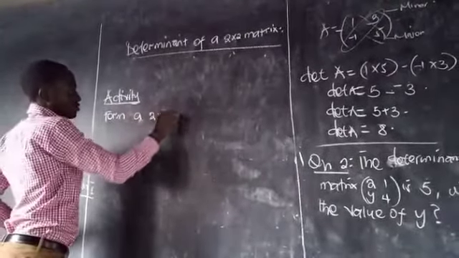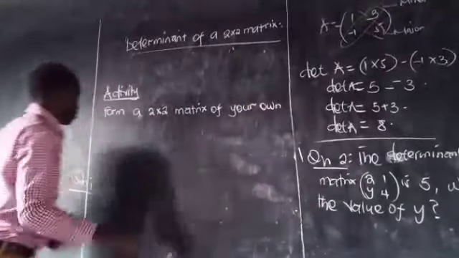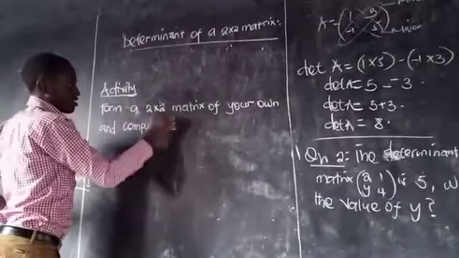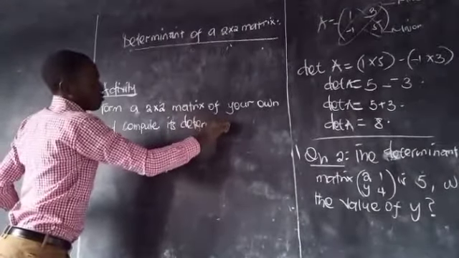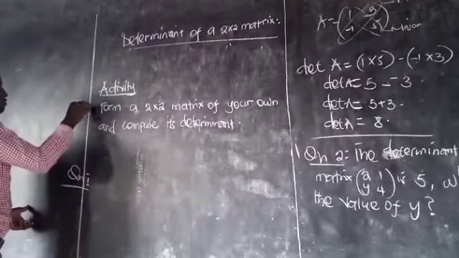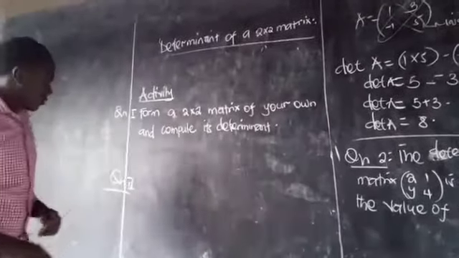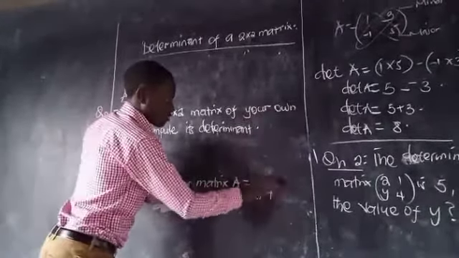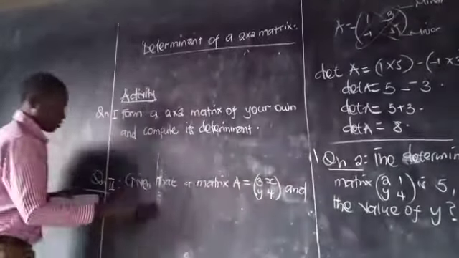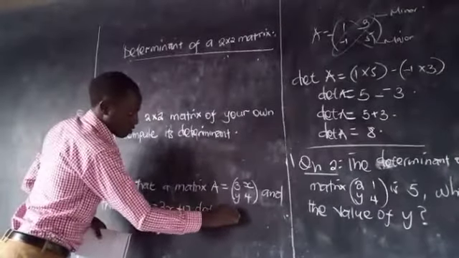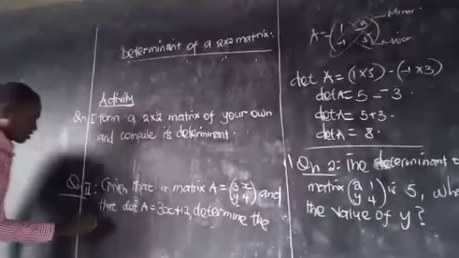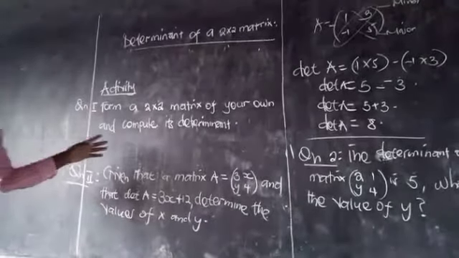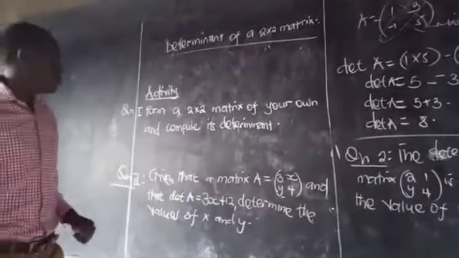Question number 1 is very simple. Choose a 2 by 2 matrix of your own and compute its determinant.